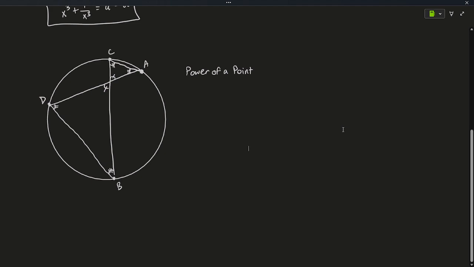So using that idea, let's say that this length right here is A, this is B, this is C, and this is D. All right. So we can make a similarity ratio here.